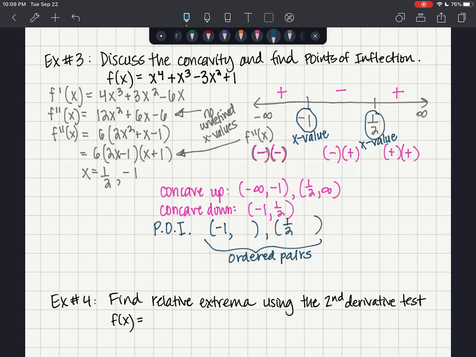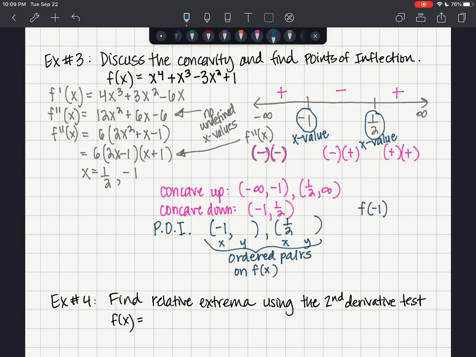Negative infinity to negative 1, that's an interval of an infinite set of numbers. 1/2 to infinity, an infinite set of numbers. Negative 1 to 1/2, an infinite set of numbers in between. But our point of inflection is literally an ordered pair. It's an x, y, an x, y. It's ordered pairs that are on the original graph f of x.